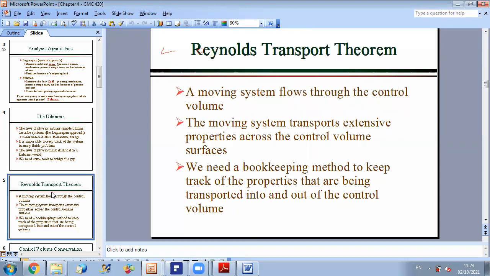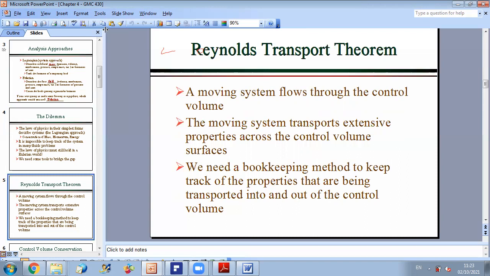Okay, so this theorem will consider a moving system, that is, a system that flows through a certain control volume. And in this case, the moving system will transport extensive properties across the control volume surfaces. What do we mean by this?